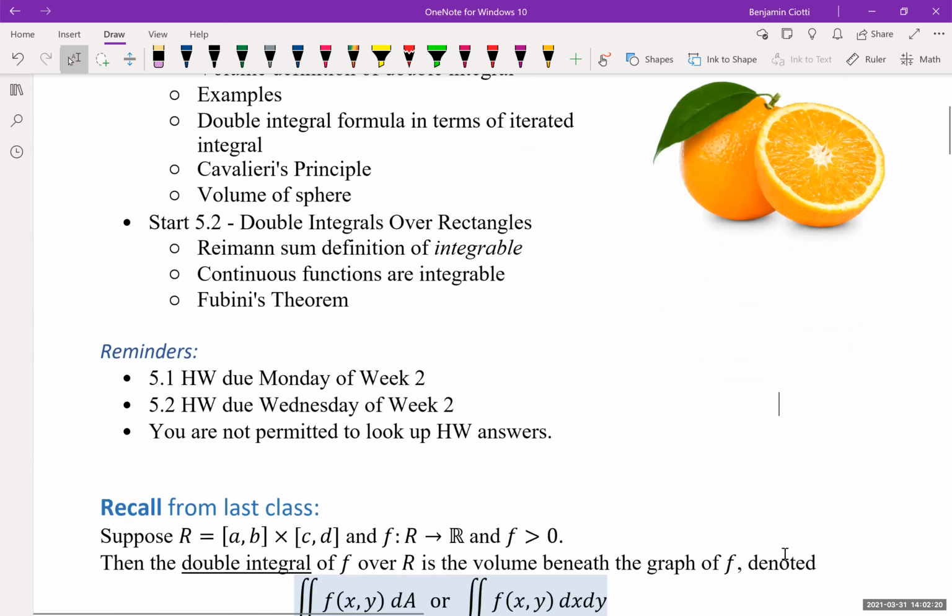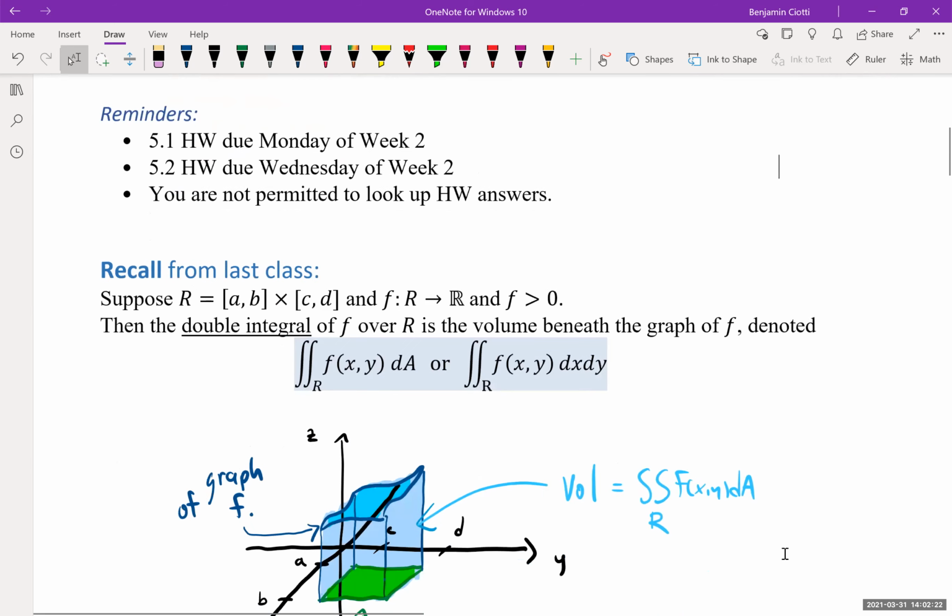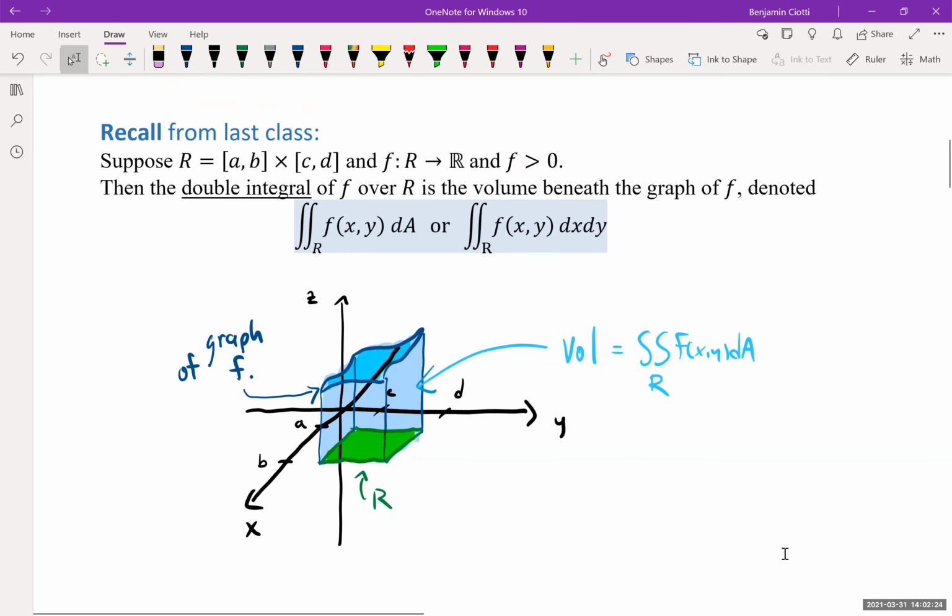All right, so let me pick up with what I was doing last time. This is what I ended on last time, still from section 5.1. I drew this picture last time, so let me remind you of what we said.